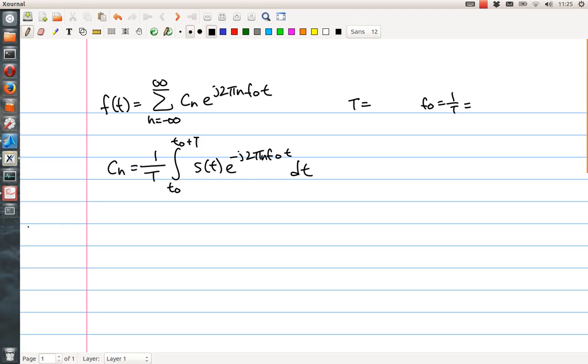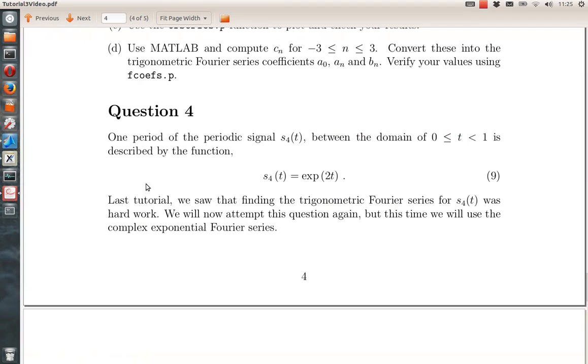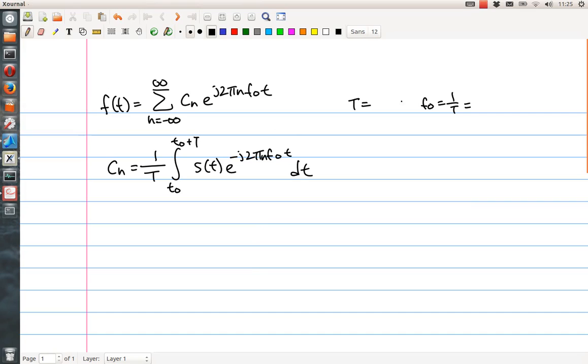So let's look at that first. It's periodic with the interval between 0 to 1, so its period is 1, and of course its reciprocal is also going to be 1. This should make our calculation a lot easier. And our S of t was e to the 2t. So let's go ahead with this integration.